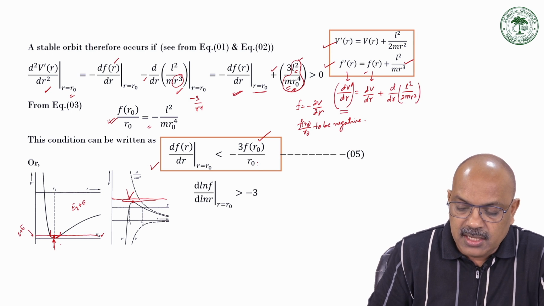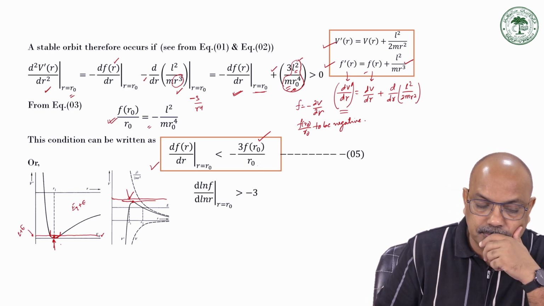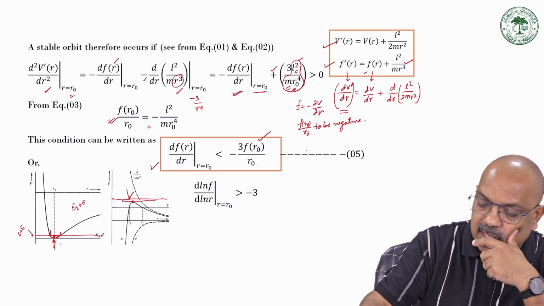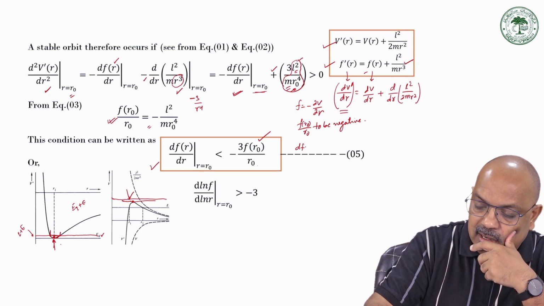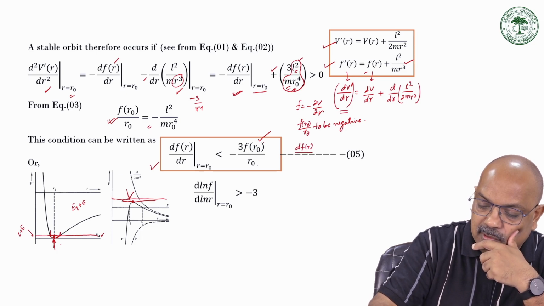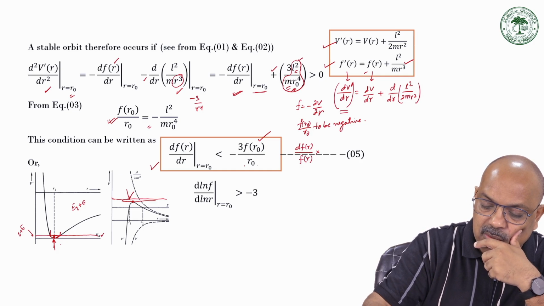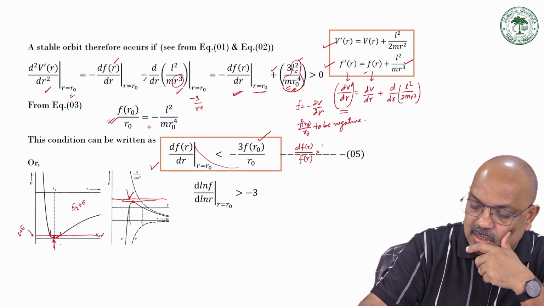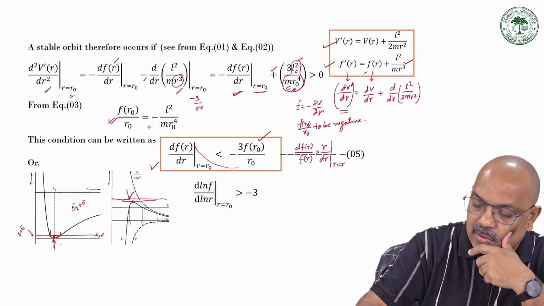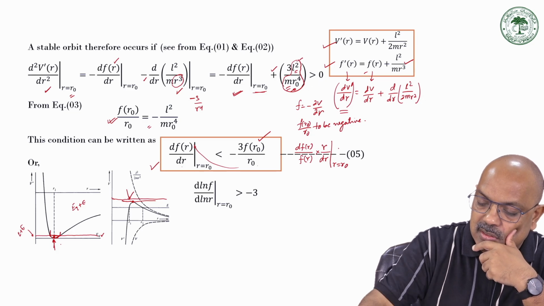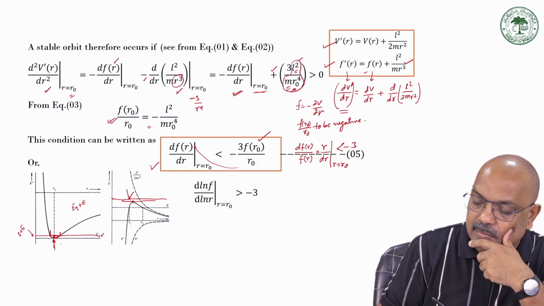Now if I write this quantity as dF of r by dr at r equal to r naught, taking F of r to the left and r naught up here, this is going to be less than 3.